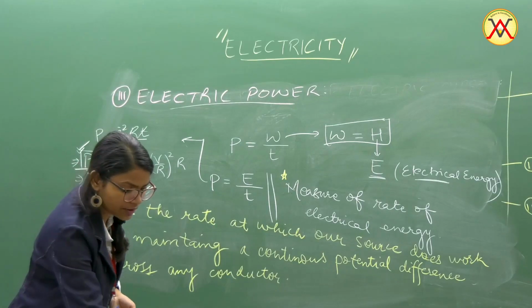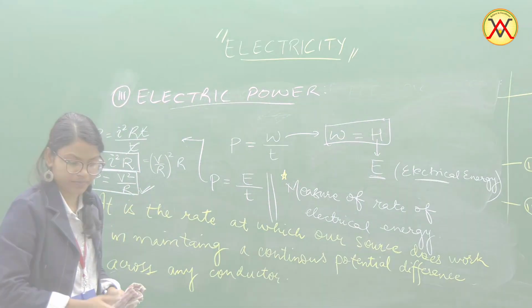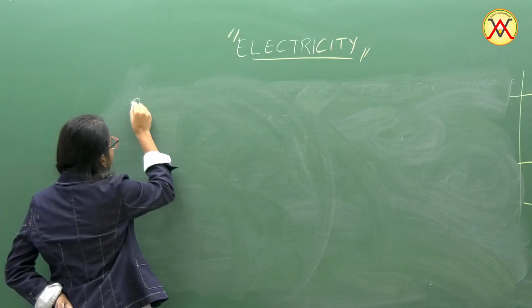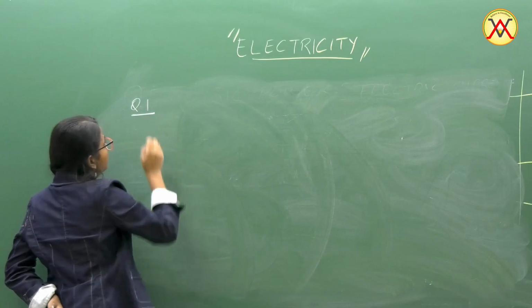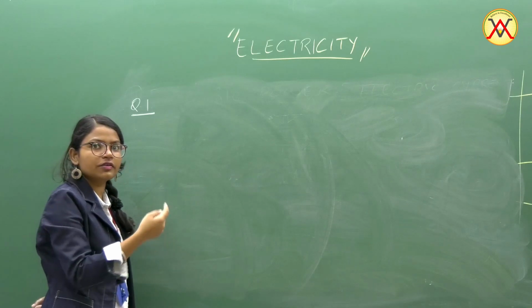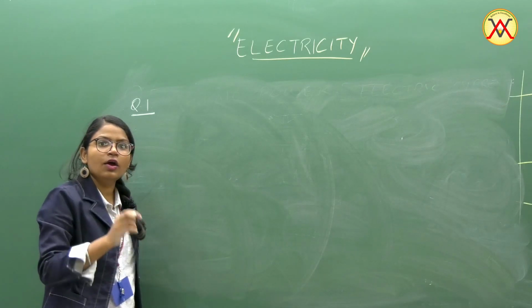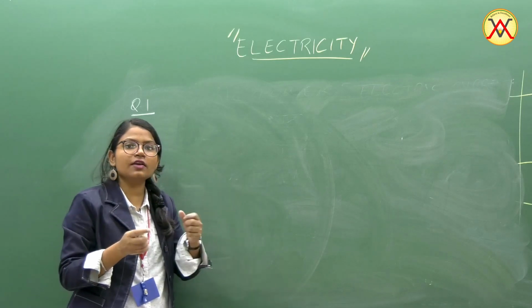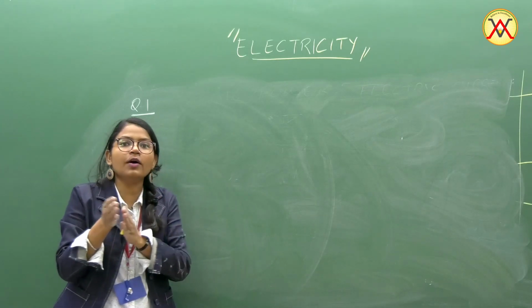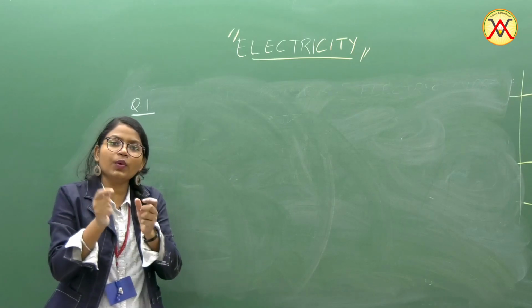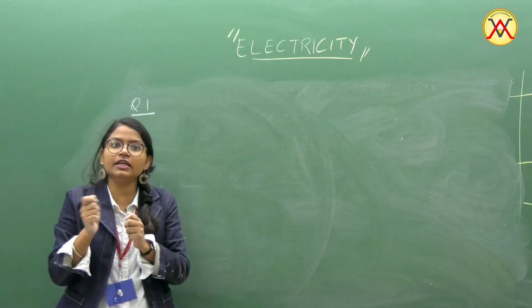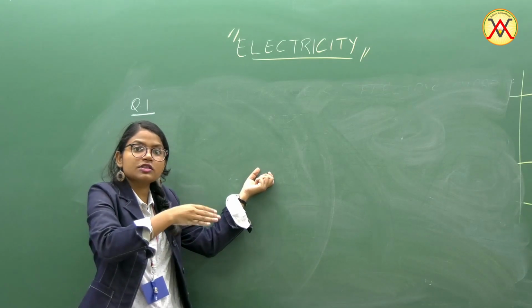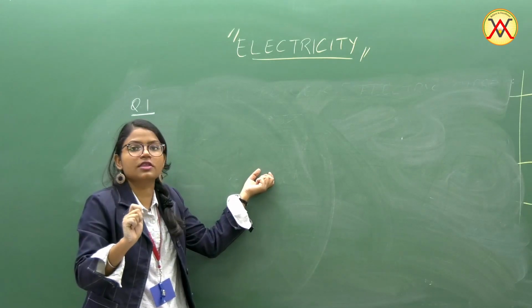Now let's come to a few questions related to it. First, I shall take a question related to heating effects of current. Normally, in boards classes, questions related to heating effect of current come in the form of ratio questions, where we need to compare the values of heat produced before and after some change.